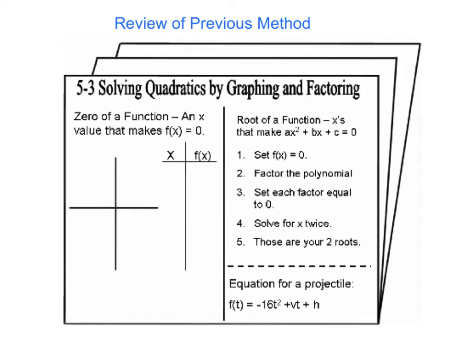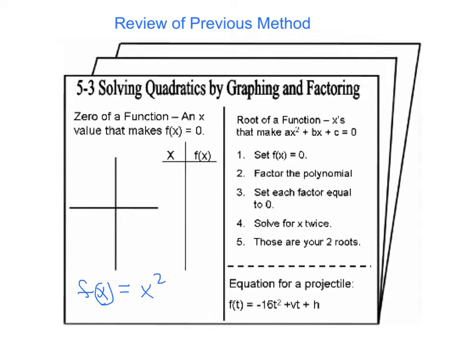Going on, this is a quick review of what we've done so far in solving quadratics. You learned how to solve quadratics using graphing, and from the graph you could identify the different zeros of the function. For example, let's say f of x is equal to x squared.